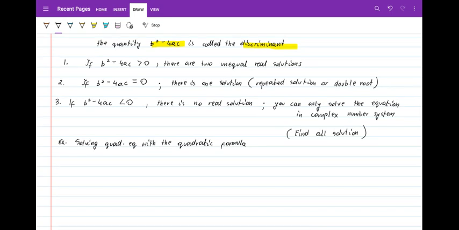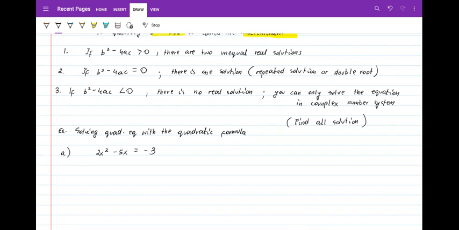Okay, so the first one which we're going to solve is 2x squared minus 5x equals negative 3. We're not ready to use the quadratic formula because you need to rewrite this equation in standard form.